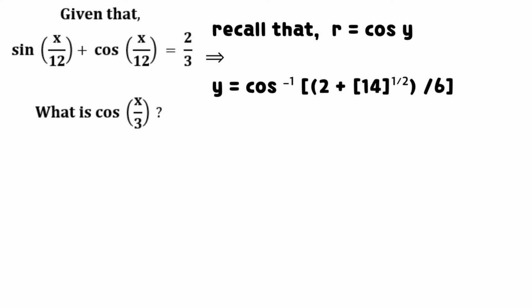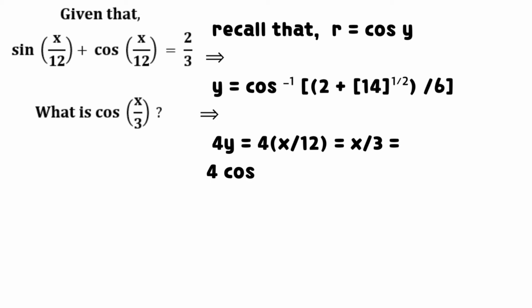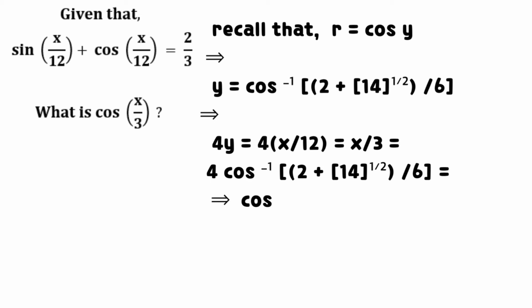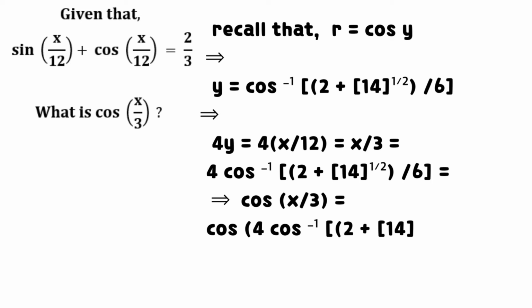Recall that r equals cosine y. It signifies that y equals the cosine inverse of the sum of 2 and the square root of 14 all divided by 6. This implies that by multiplying y by 4, we obtain x divided by 3.